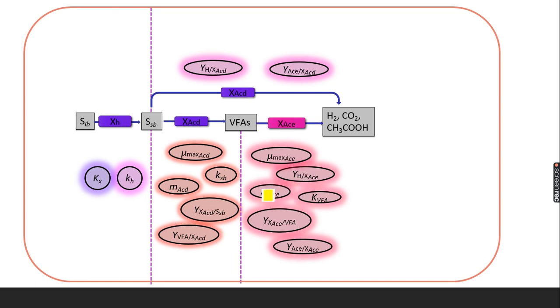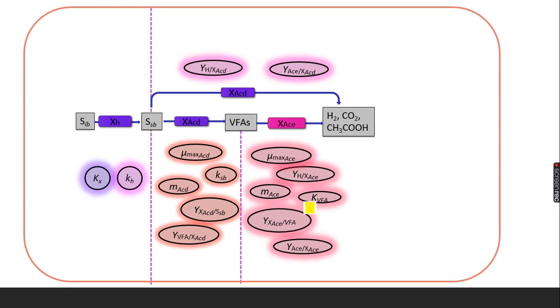So this is the substrate model we need. Then the maintenance requirement for acetogenic bacteria. Total VFA consumption will depend on how much is utilized for growth and how much is utilized for maintenance. Now acetate production from VFA, that is the yield coefficient, how much acetate per mole of VFA, and how much acetate is produced per X ace, that is biomass.